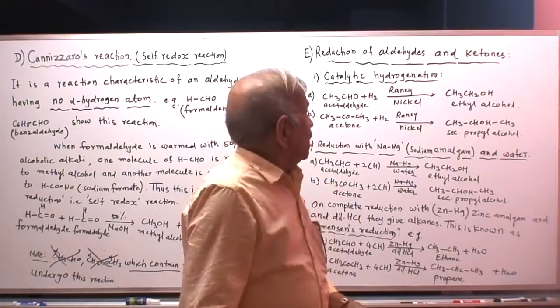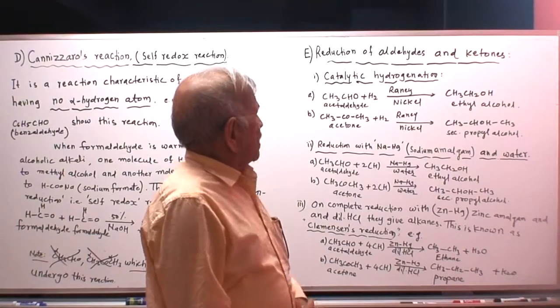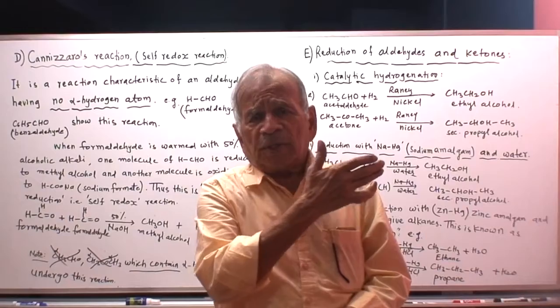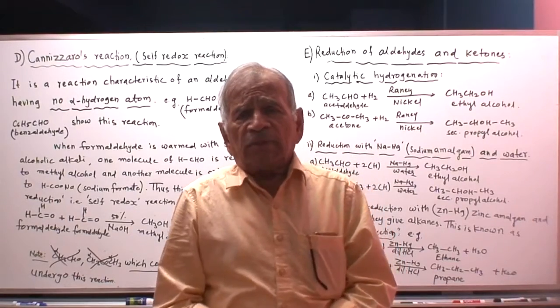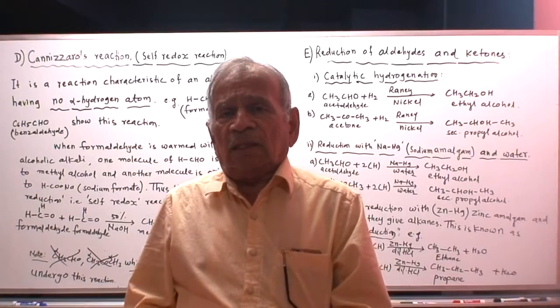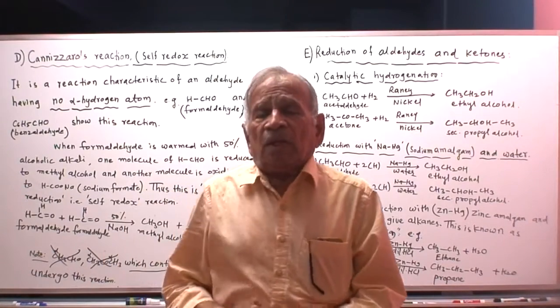Okay. The next reaction is E, reduction of aldehydes and ketones. There is nothing to explain in this because we have studied both of these reactions in the different chemical reactions of alcohols.